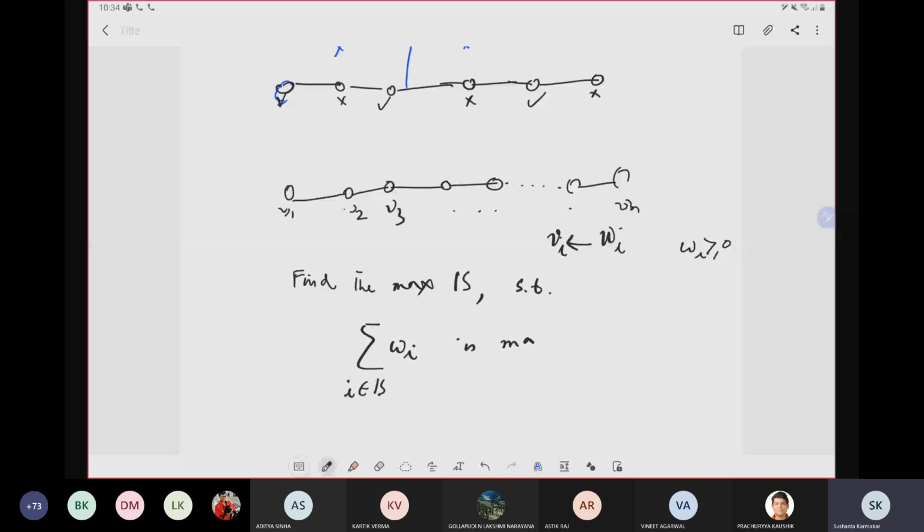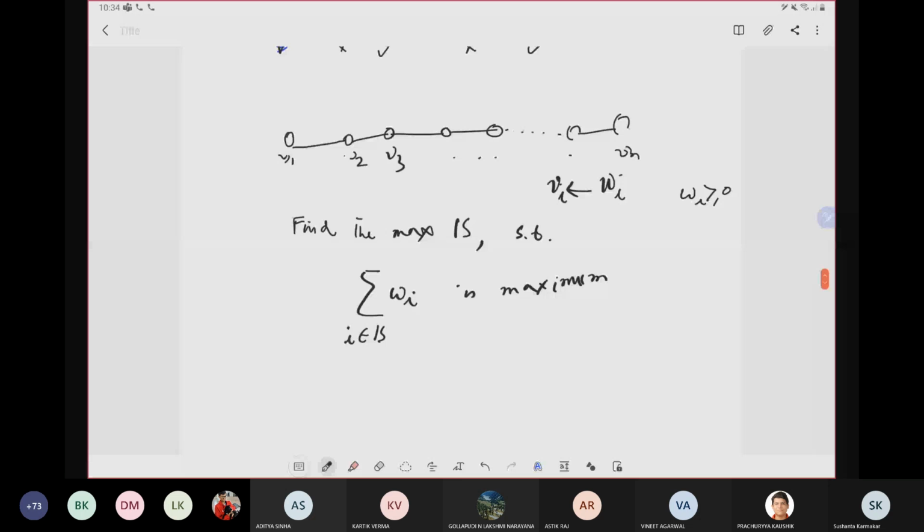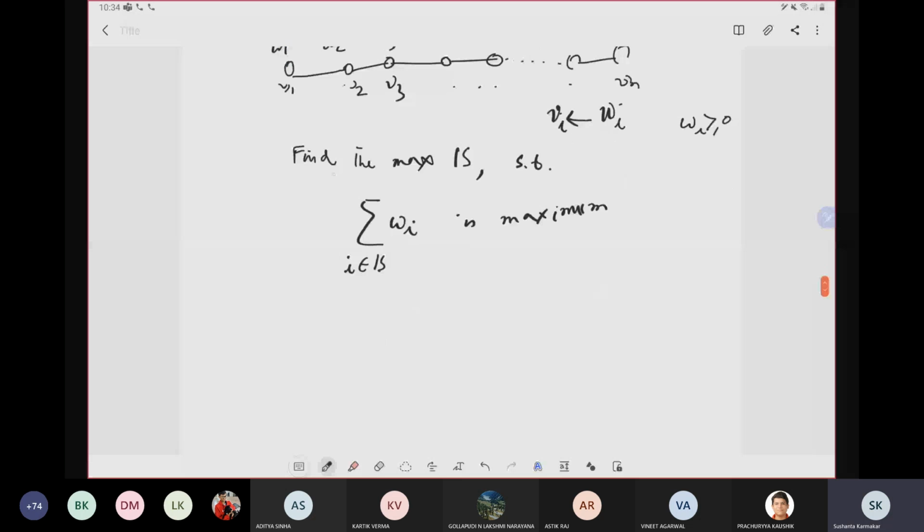You have to take only those nodes such that the sum of the weight is maximized. I hope the problem is clear. So let's say here W1, W2, W3, and so on, Wn. Every vertex has an associated weight also. I have to find the independent set such that this is maximum.